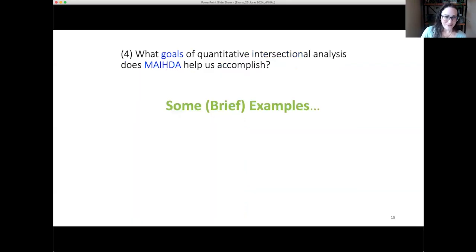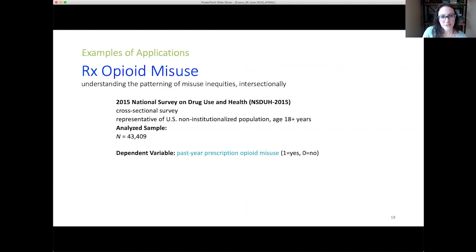So to the examples, nice and brief, I just have a couple of slides here. Through this, I want to show you how MAIHDA is actually helping us to live up to our big goals of a good quantitative analysis. So example number one, here in the United States anyway, I think the same might be true in the UK, but we have quite a lot of concern about opioids and the opioid epidemic. So for this particular study, we were looking at prescription opioid misuse.